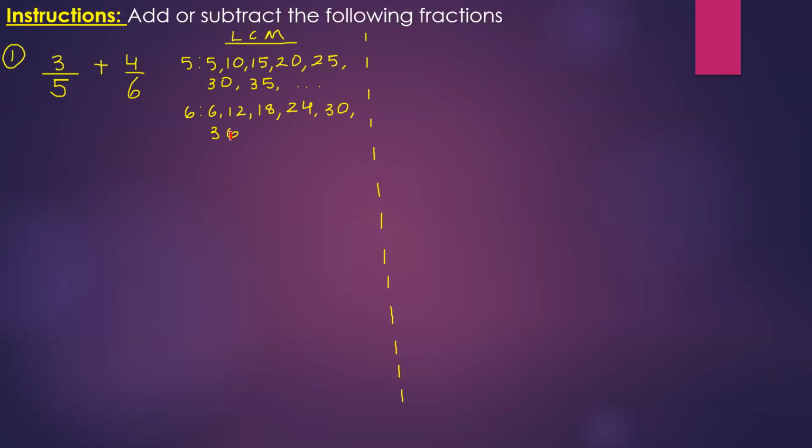It's 36. Come on. All right, what is the lowest common multiple, Tyrone? It's 30. Very good. So the lowest common multiple of 5 and 6 is going to be 30.